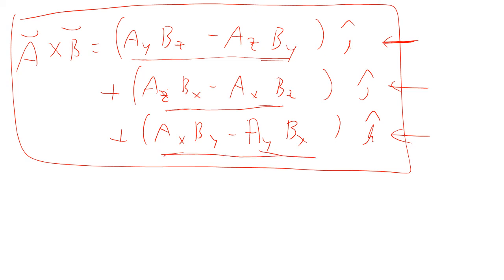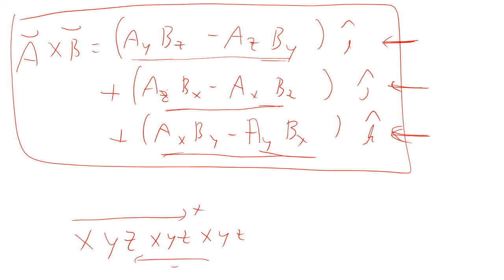So in the X direction it's just Y's and Z's, in the Y direction only X's and Z's, and in the Z direction only X's and Y's. And then I just remembered X, Y, Z, X, Y, Z, the order of the alphabet. If you go that way, it's positive. If you go this way, it's negative.